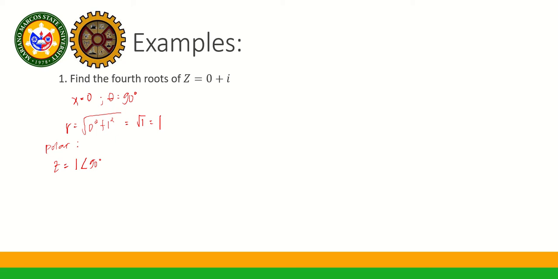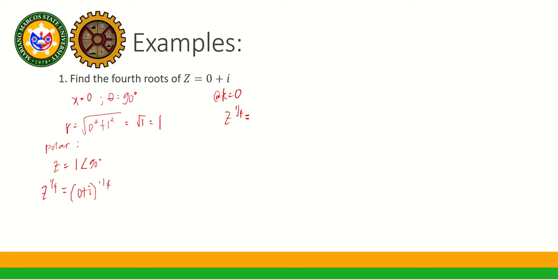So, alam na natin yan. Now, we are going to find the 4/4 roots of that complex number. So, dito, at k is equal to 0, which is the principal root natin. So, z raised to 1 over 4 is equal to, since we are getting yung fourth roots ng complex number natin. Okay?